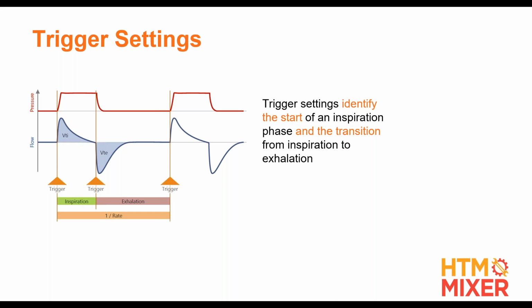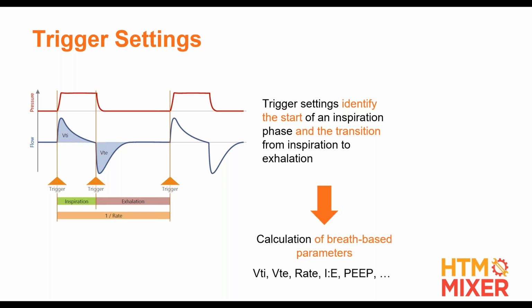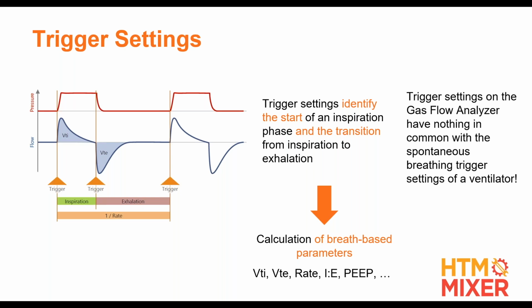It's a ventilator in an anesthesia machine, right? So that we have accurate volume measurements and accurate breath timing measurements. Again, VTI, VTE, rate, IE ratios, PEEP values, all those things depend on us knowing when we're in inspiration and when we're in exhalation.